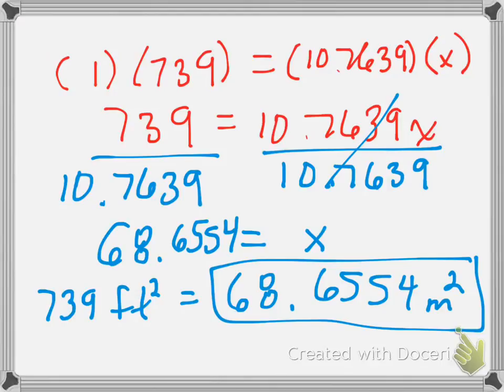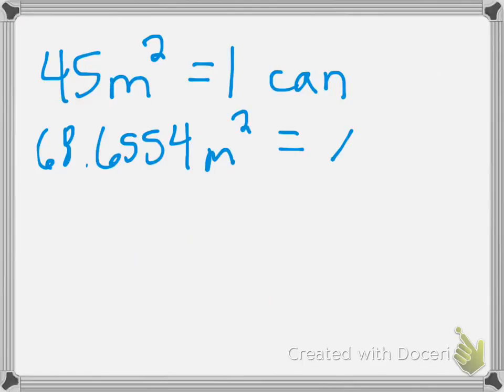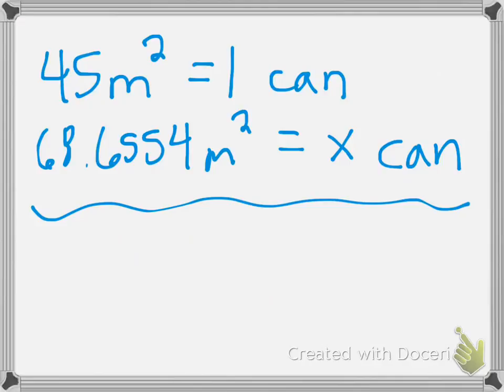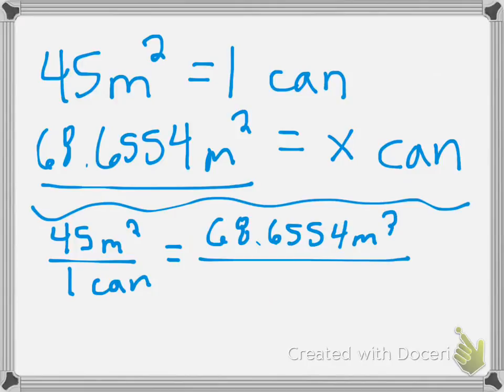We have 68.6554 square meters. So we want to know that's equal to X amount of cans. So once again, we can cross multiply. 45 square meters is equal to 1 can. We have 68.6554 square meters is equal to X number of cans.